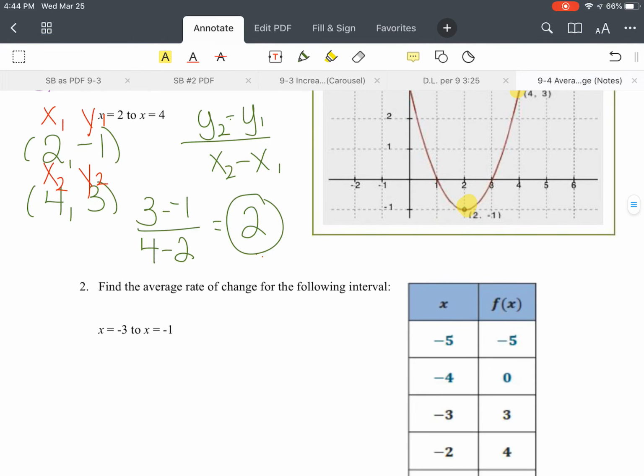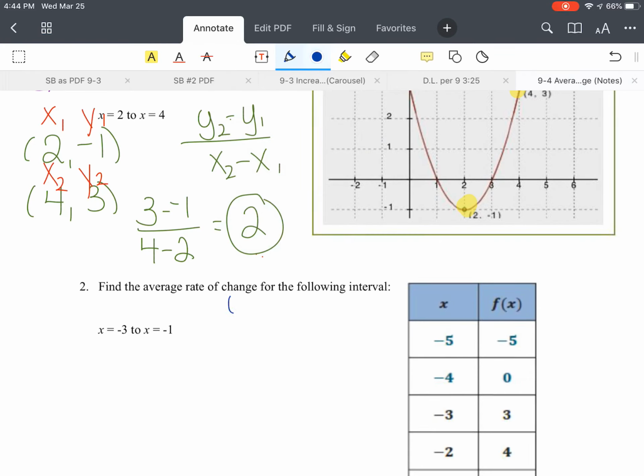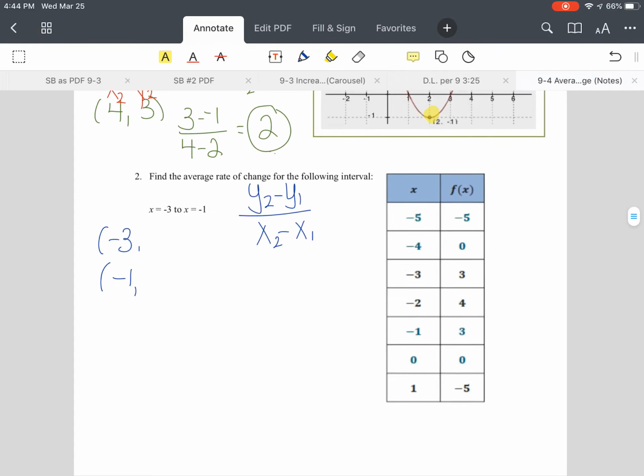Next question, they're asking us to do the same thing. They're asking us for average rate of change. Okay, so y2 minus y1 over x2 minus x1. So again, I always need two ordered pairs to do average rate of change. Well, I know I have x is -3 and I have x is -1. Now I kind of like these.